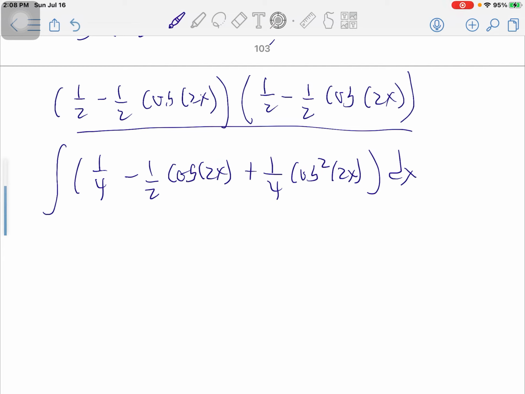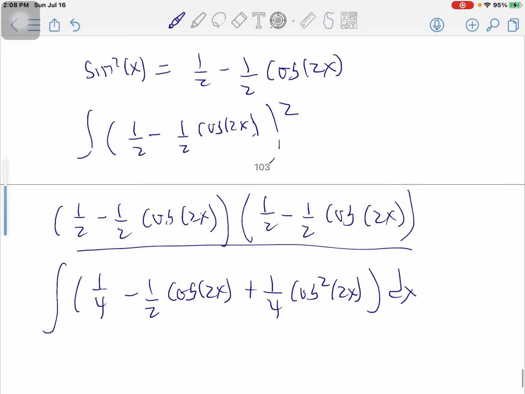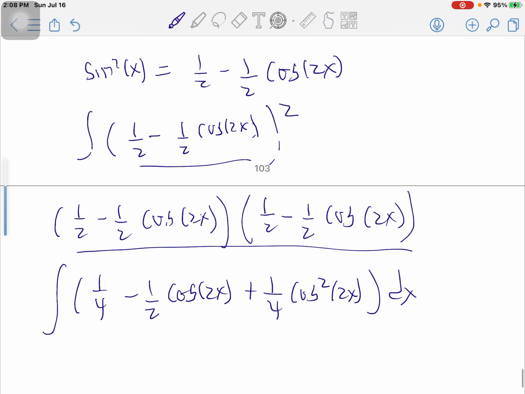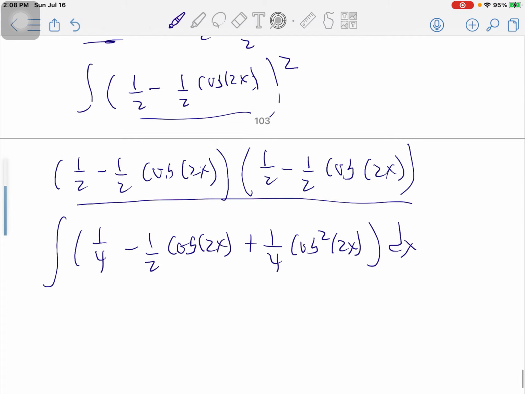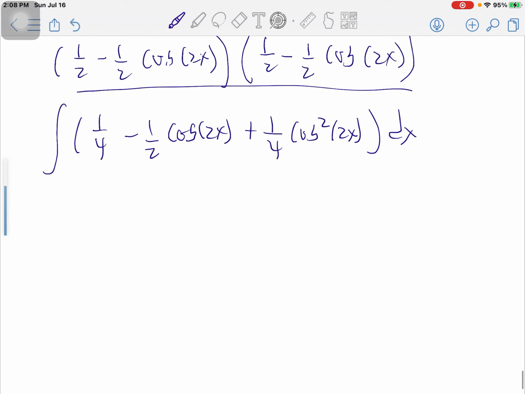So in doing so, we need to break down something over here. Since cos squared 2x has an even power, it's also good to do another reduced-power substitution of whatever we did here. But here, this one was a sine, whereas for the cos it is going to be positive.